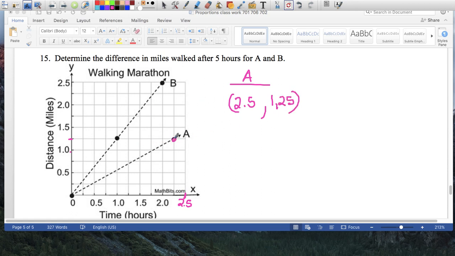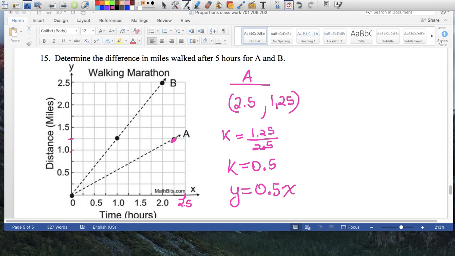So based on this point, I can find k and the equation of the line. k is 1.25 divided by 2.5, which gives me 0.5. So k is 0.5, and my equation is y equals 0.5x.